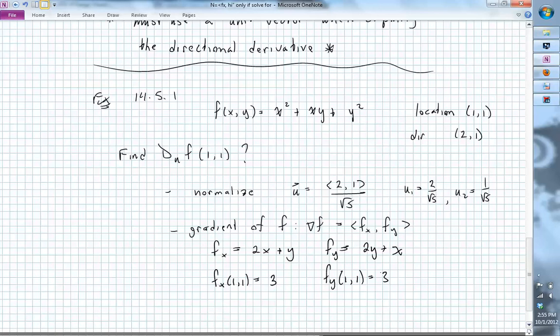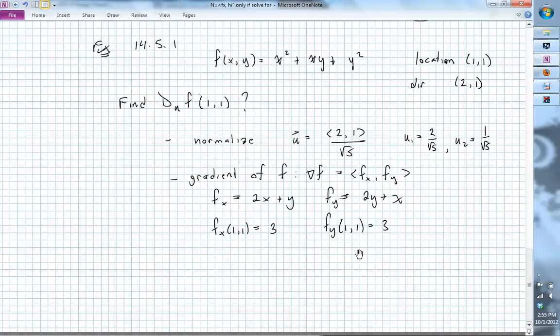So to find the directional derivative, I take this gradient vector at 1, 1, which is 3, 3, again, just sort of an accident, and I dot it with u.